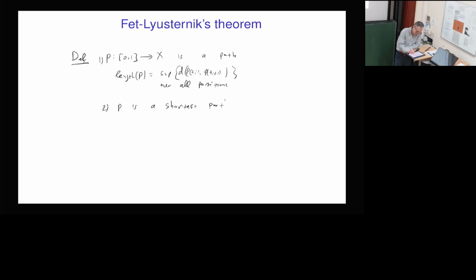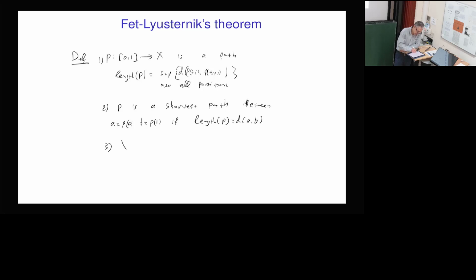So P is the shortest path between A equals P(0) and B equals P(1) if the length of P is equal to the distance AB.